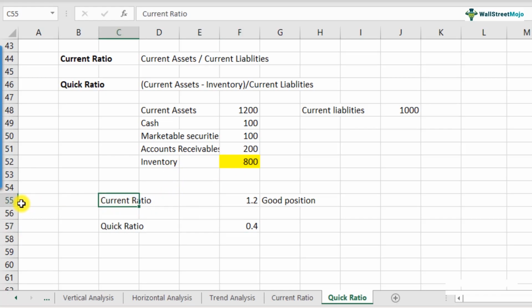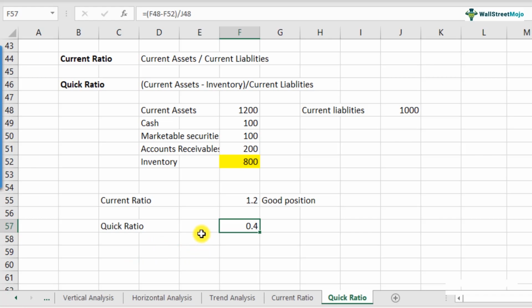However, the current ratio will not be able to detect that, right? That's the limitation of current ratio. It doesn't account for the quality of current assets. How soon can it be converted into cash? But quick ratio addresses that limitation by removing the inventory from the formula itself. An excellent one to actually look at.